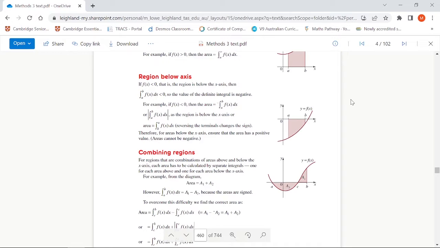Okay? So what that means is that if we're asked to find the area between the x-axis and a curve, and that section is below the x-axis, we need to make sure it's positive, because we're finding an area, and a negative area doesn't make sense, right? So there's a couple of ways that we can do it.